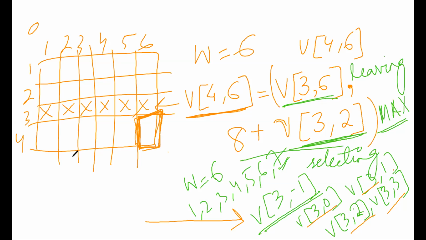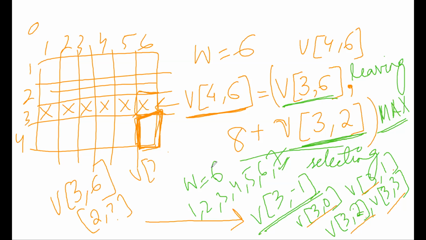Similarly, if it was V of 3, 6, suppose I want to calculate this now, this will be 2 something, right? So I'll need this row first. If I'm calculating V of 2 something, I would need V of 1 something.